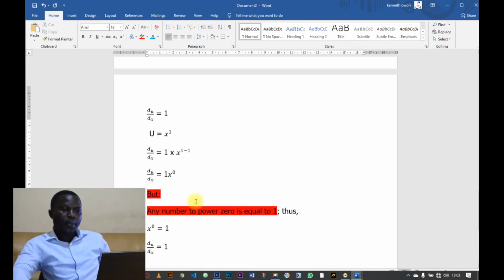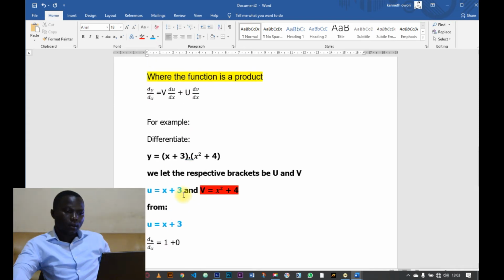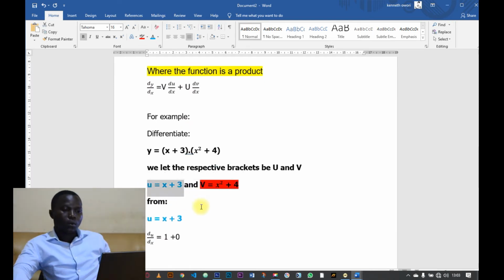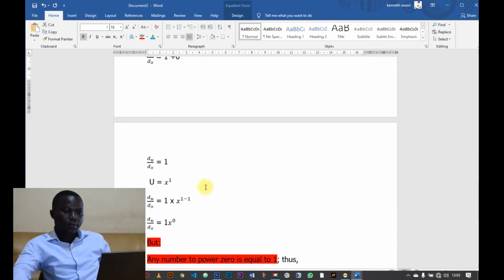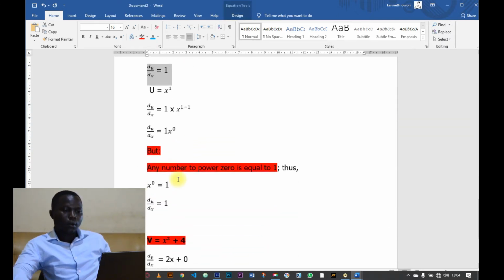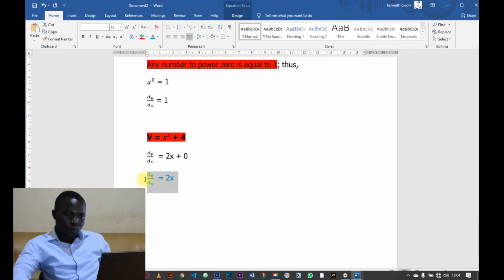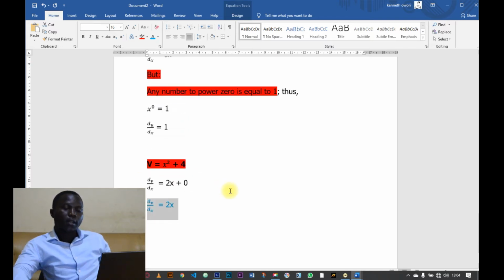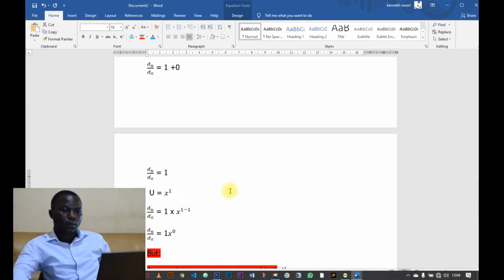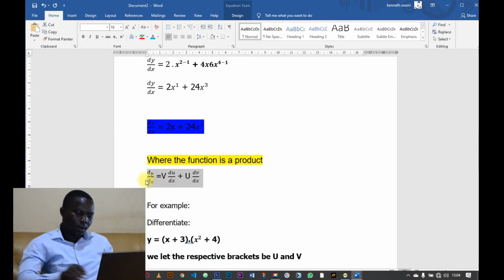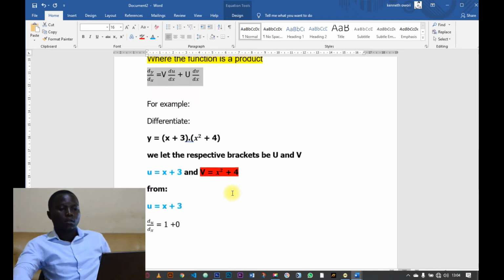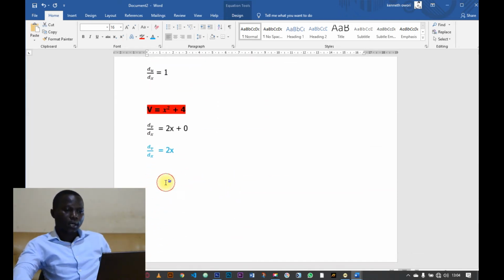So we now have u, v, du dx, and dv dx as well. So we can find the dy dx with the template that we already had under the product rule. So how are we going to get the dy dx?